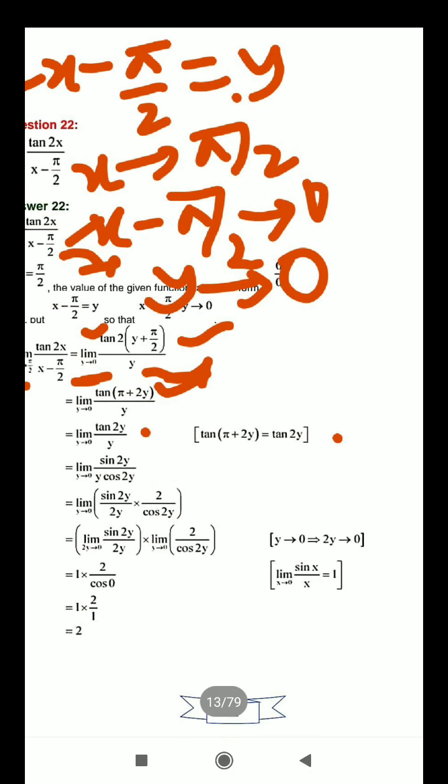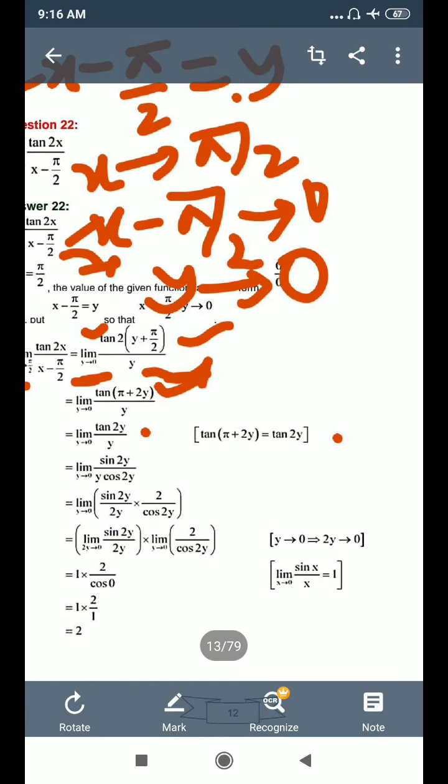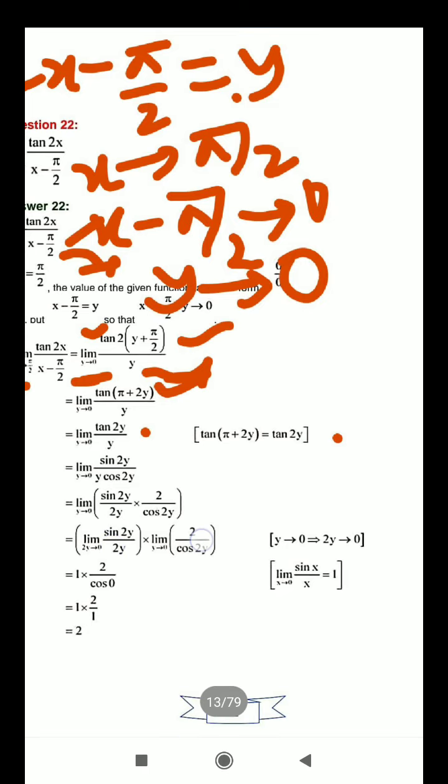So this sin 2y upon 2y would become 1. And you are left with 2 upon cos 2y. In this you put y equal to 0. So this will be 2 upon cos 0. Cos 0 is 1. So its answer is 2.